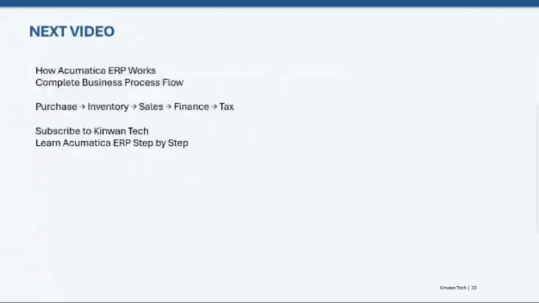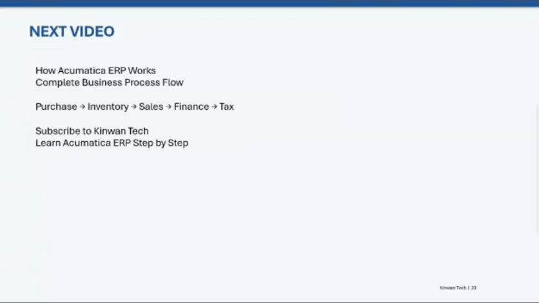To continue, in the next video, because we have understood what Acumatica is and how it works, and we have understood the complete business flow in Acumatica, we shall cover another concept.